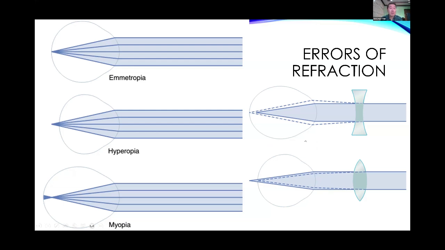So hyperopia or farsighted, the vision or the image is blurred because the image is registered beyond the retina. Why? Maybe you have a very short eyeball, like this picture, or maybe you are old and your lens cannot accommodate. You have a very weak lens system, so you have to give your biconvex lenses, because biconvex lenses can further converge light rays.